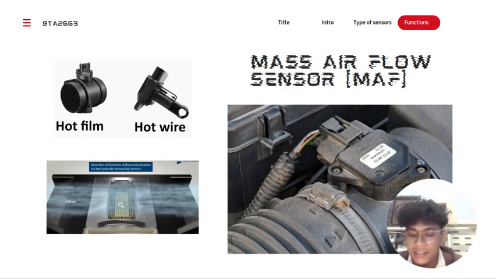Now, most mass airflow sensors are either hot wire or hot film. They are a bit different and the hot film sensor is a bit more advanced, but they both rely on the same basic principle of the very high temperature coefficient of resistance of certain metals such as platinum or tungsten.